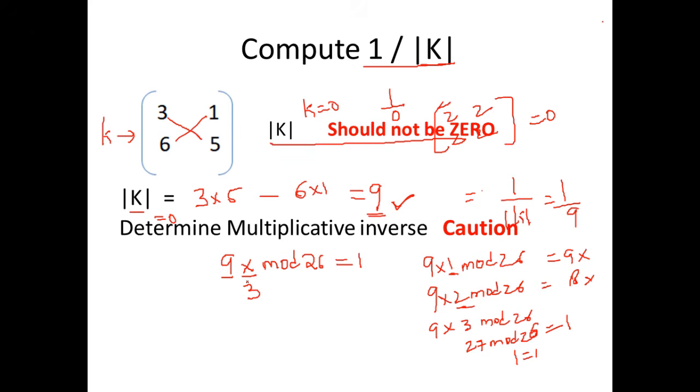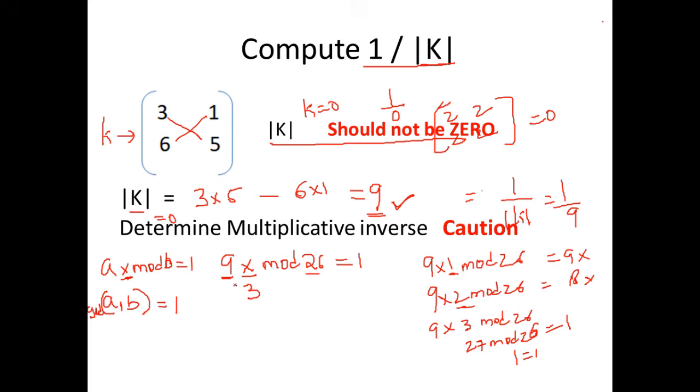So again, a definition from our multiplicative inverse concept. When will you have a multiplicative inverse in modular arithmetic? Only when these two numbers have a GCD of 1. Do you remember that? Say when you want to find the multiplicative inverse of A x mod B is equal to 1, and if x is the multiplicative inverse, we can find the multiplicative inverse only when the GCD of A and B is equal to 1.